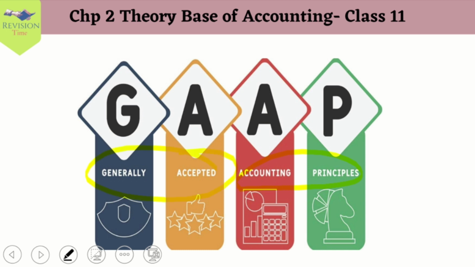Now, what is generally accepted? Generally accepted is nothing but what is globally accepted, accepted by all the business entities. These rules are accepted by all the business entities for the preparation of financial statements. Now let us assume that a person in India wants to invest in a business in the USA.